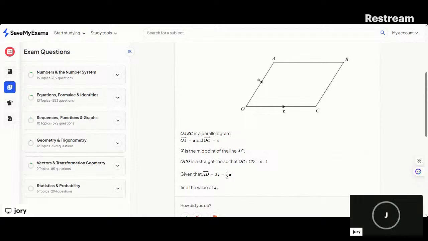One divided by 2.5 is 0.4. 0.4 to 1. It's 2 over 5 to 1.